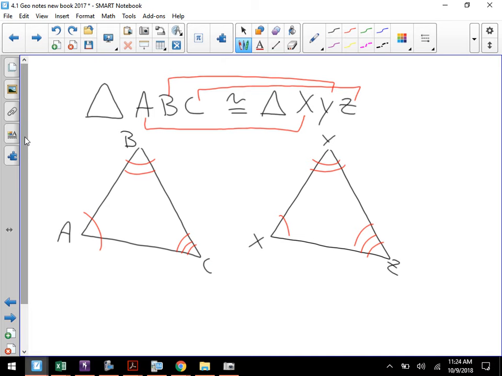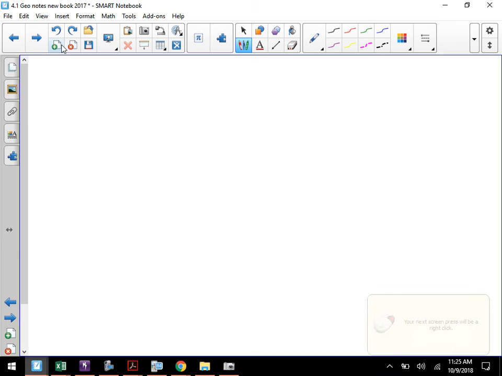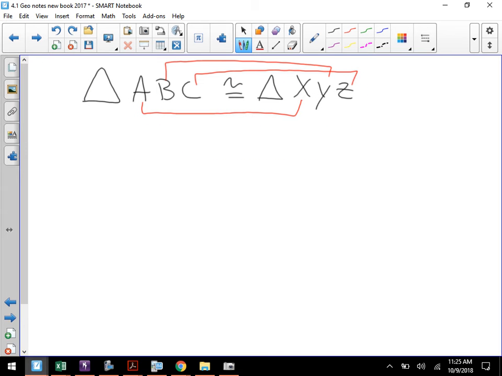So with these things that are called congruency statements, it's very easy to write out which angles are congruent and what sides are congruent, just by the letters.